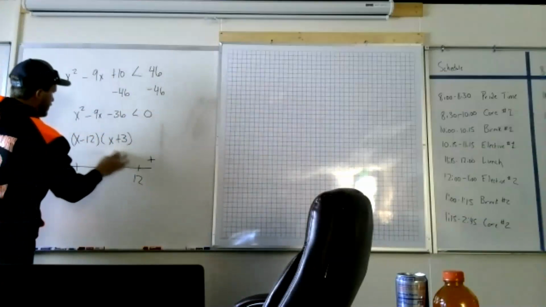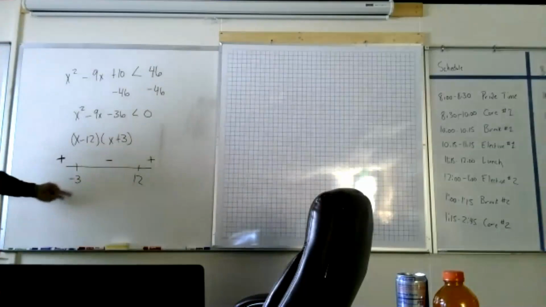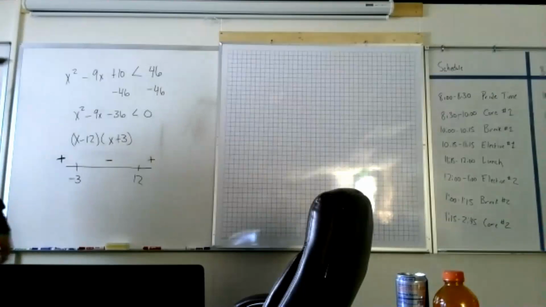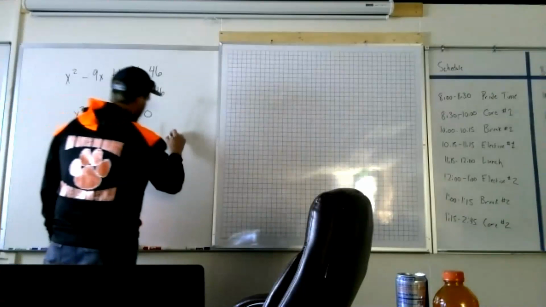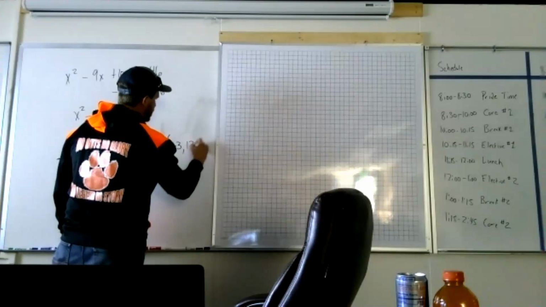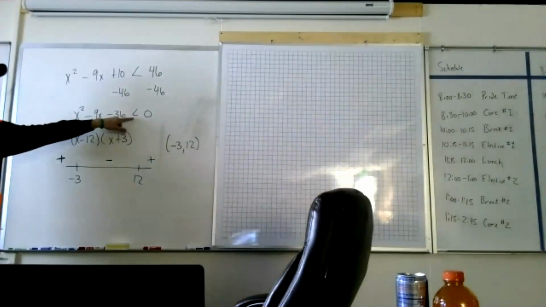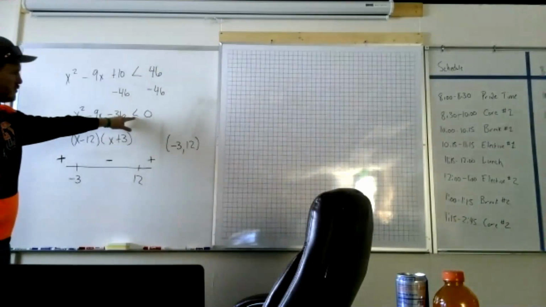So where on my intervals is my graph negative? That's between negative 3 and 12. So the answer expressed in interval form would be parentheses negative 3, comma, 12. And I have to use parentheses because it's just less than. It's not less than or equal to.